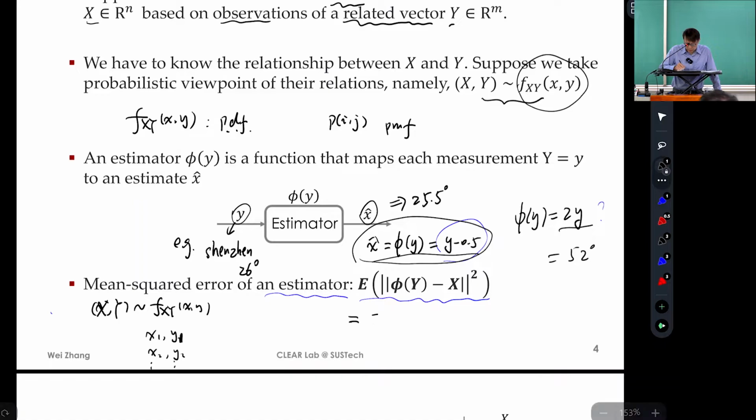It's just the weighted sum. The sum is the expectation, right? Expectation is nothing but the values this thing takes multiplied by the likelihood that the value occurs. So I will evaluate the first one, yi minus xi squared, times the probability of xi and yi.